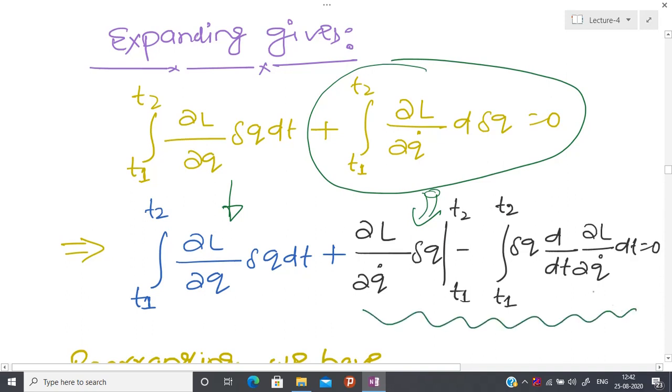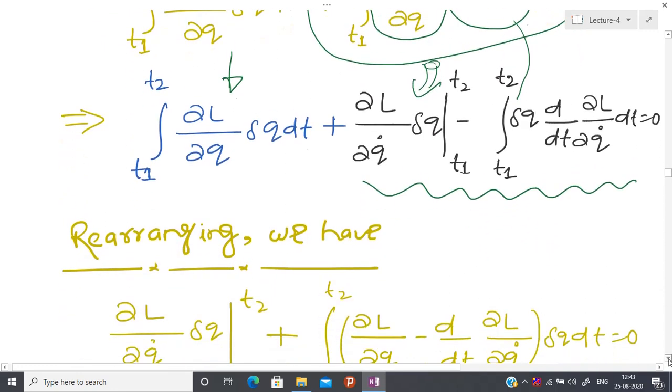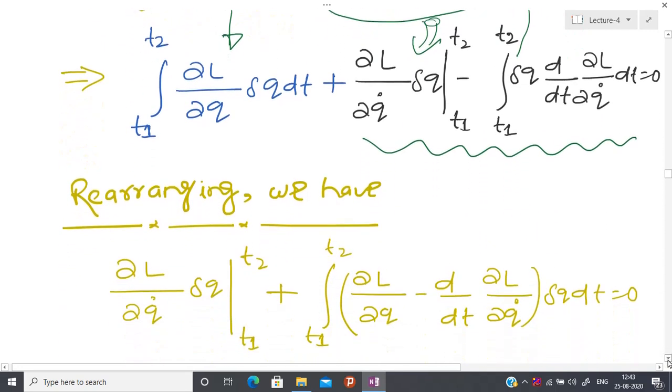So just please check it. By doing integration by parts, I am able to get this kind of relation. Basically, one quantity I have considered this, another quantity I have considered this. So the integral of this is this, and the derivative of this quantity on this side is this. And now if you rearrange these terms, then I have the following kind of relation.